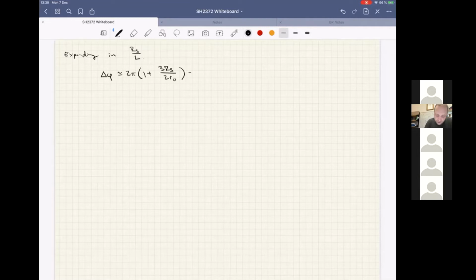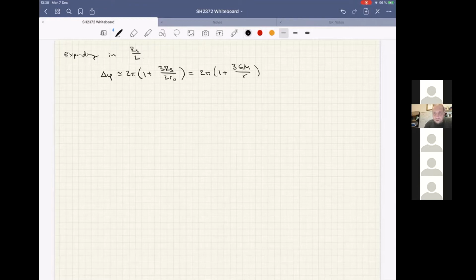If we write down the Schwarzschild radius in terms of the mass of the sun, this would be 2 pi times 1 plus 3 GM divided by r.